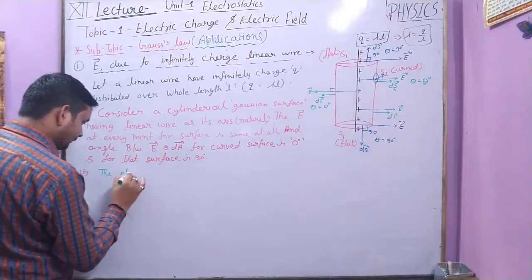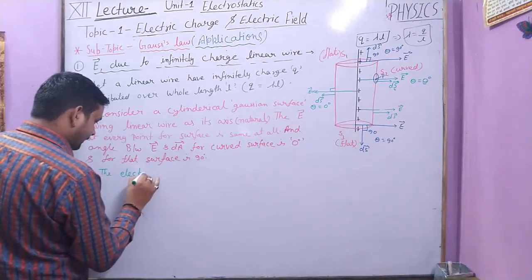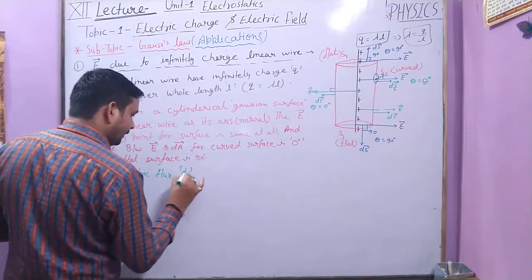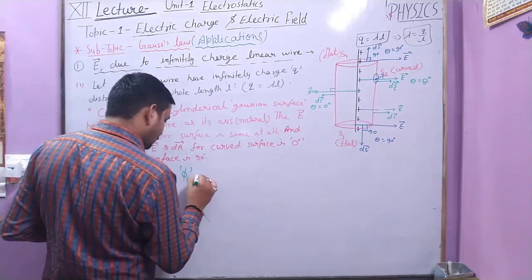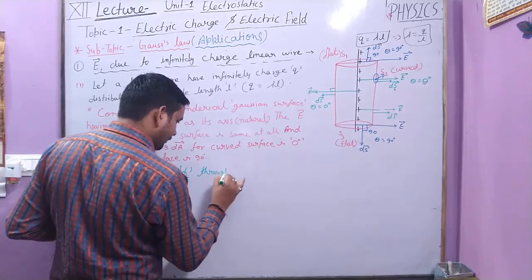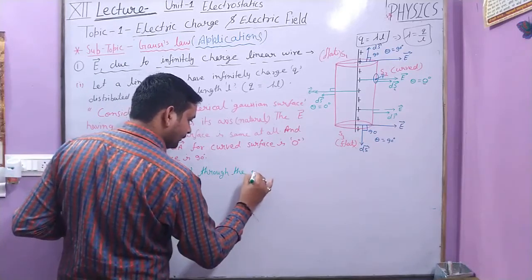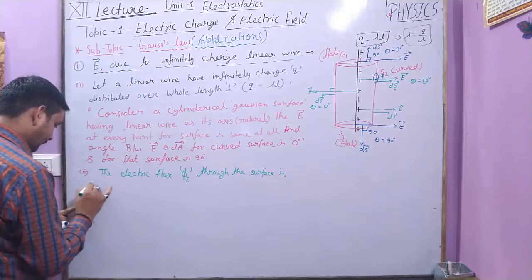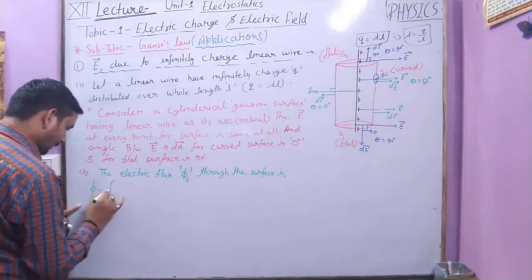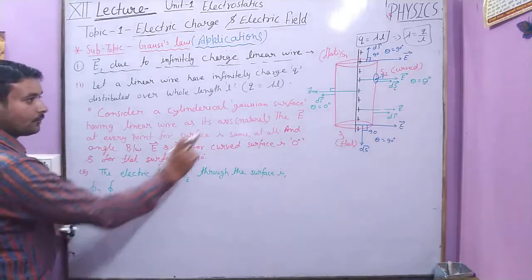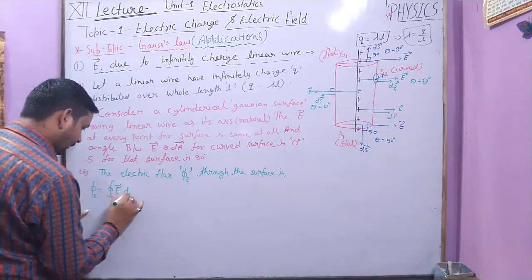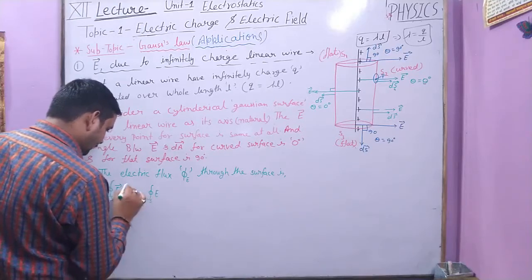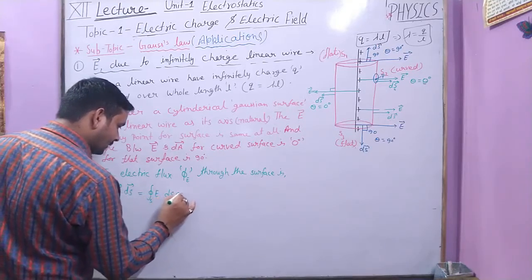The electric flux phi through the surface is calculated as phi is equal to closed integral of surface E ds, that is E ds cos theta.